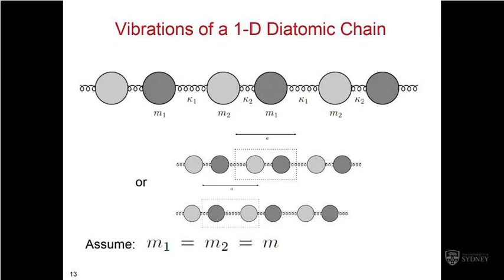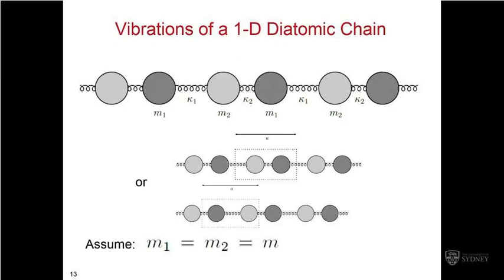And what we're going to do here is take M1 equal to M2, but keep the spring constants different, K1 and K2. One could also do it the other way and get slightly different results if you have different masses and keep the spring constants the same. I don't think that's on your assignment, but that could be a good thing to have next year, perhaps.